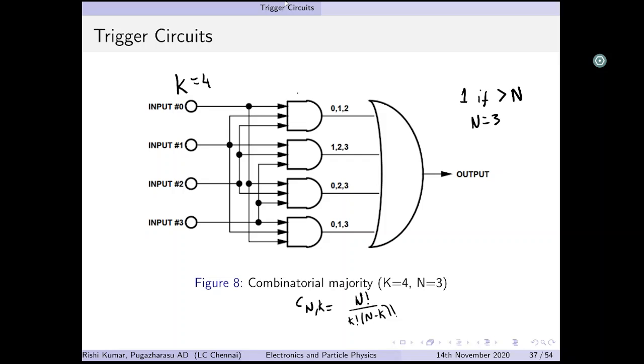Thus, when you increase k and n, the number of required AND gates becomes too big for a practical implementation. For example, if k is equal to 10 and n is equal to 6, you'll require 210 AND ports. That's just nuts.